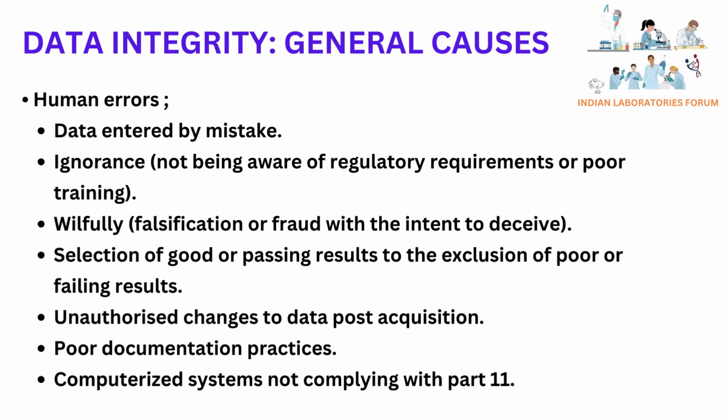Below are the common causes for data integrity issues. Human errors such as data entered by mistake, ignorance or not being aware of regulatory requirements, or poor training; willful falsification or fraud with the intent to deceive; selection of good or passing results to the exclusion of poor or failing results; unauthorized changes to data post-acquisition; poor documentation practices.